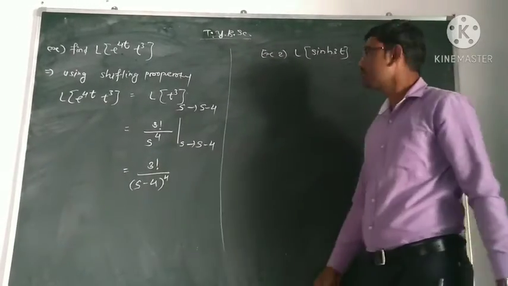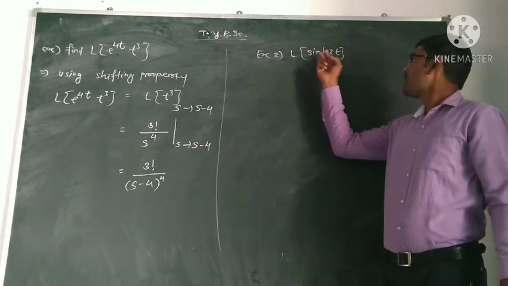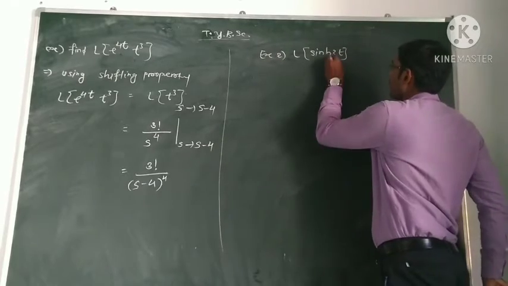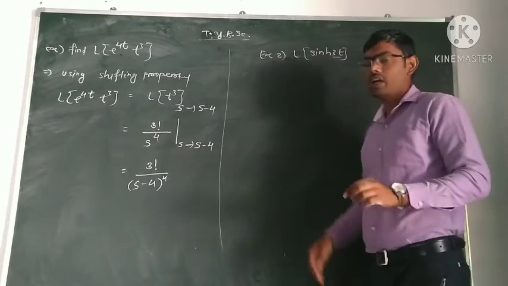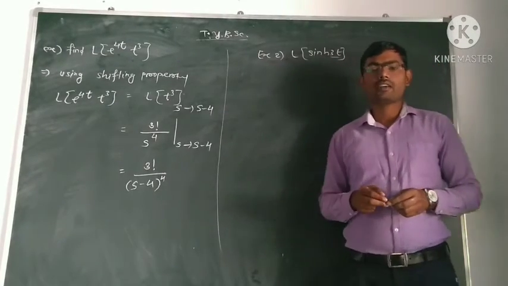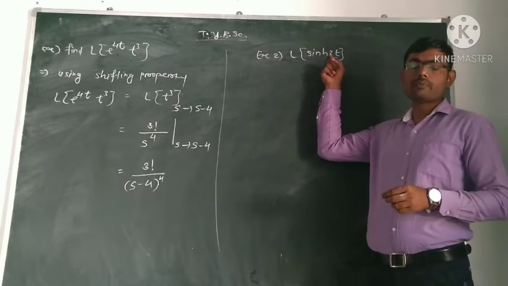Now we will solve another example, to find the Laplace transform of sinh 3t. Now see here, the multiple of t is 3. This is like f of at, so we have to use the scaling property here, scaling of the function by factor a. Here a is equal to 3.